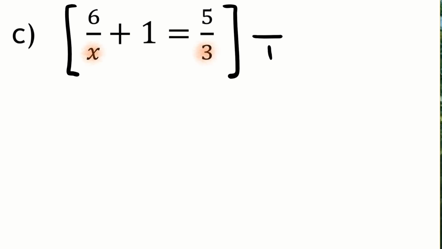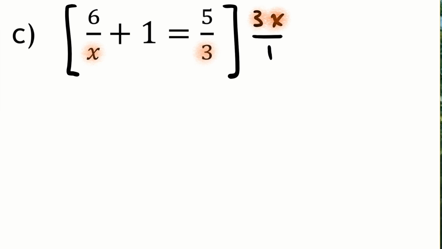So you can see there's a factor of x living in one of the denominators and a factor of 3 living in the other denominator. So I can multiply both sides, or every single term in this equation, by 3x, right? I'm going to include a factor of 3, and I'm going to include a factor of x. And when I do that, all those fractions are just going to go away.